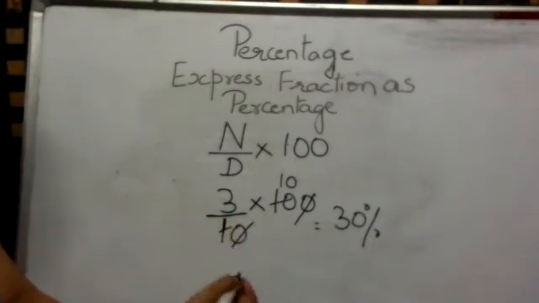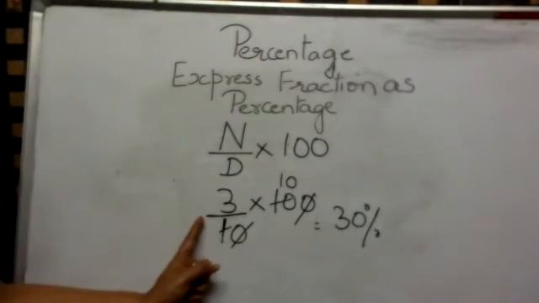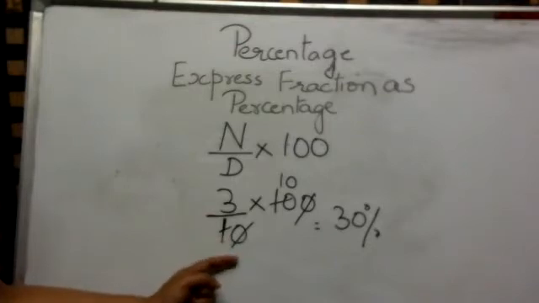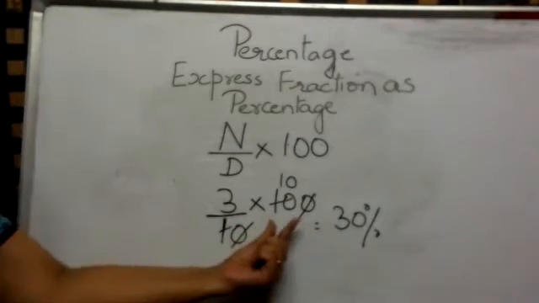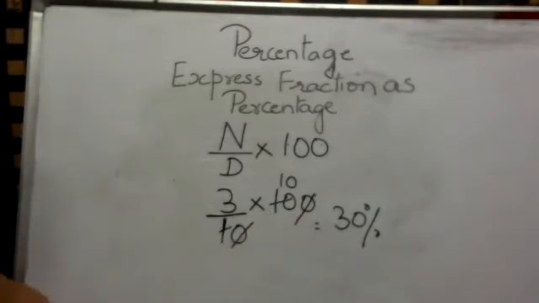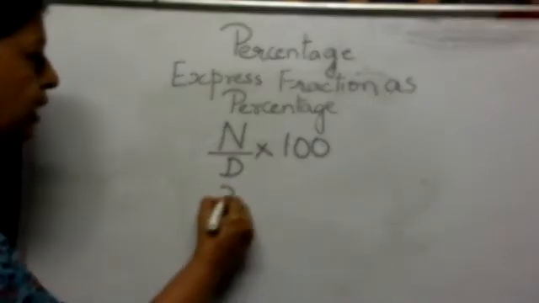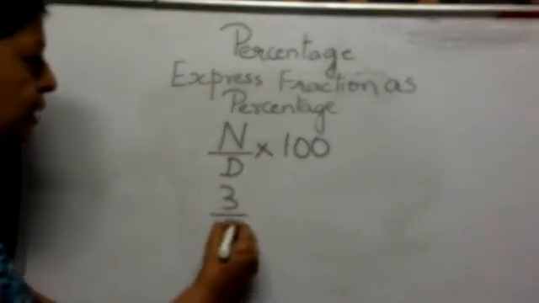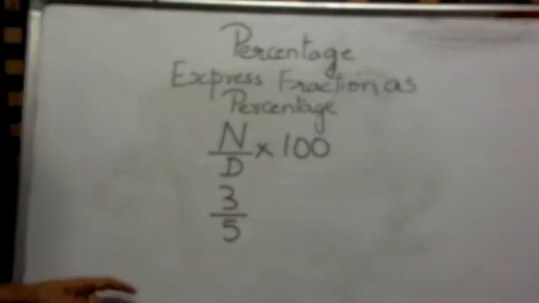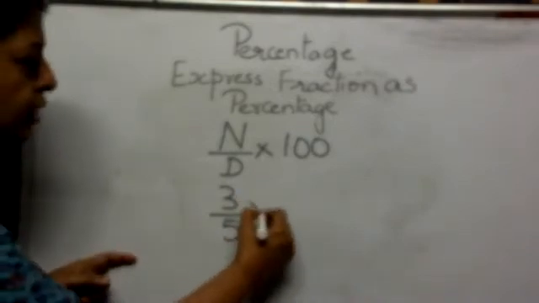But if the denominator is a different number, let's check. I told you again that this line is a division line. If a number lies below the division line, the denominator is used to divide the numbers above. Suppose the fraction is 3 by 5 and we have to find the percentage. 3 by 5 into 100.